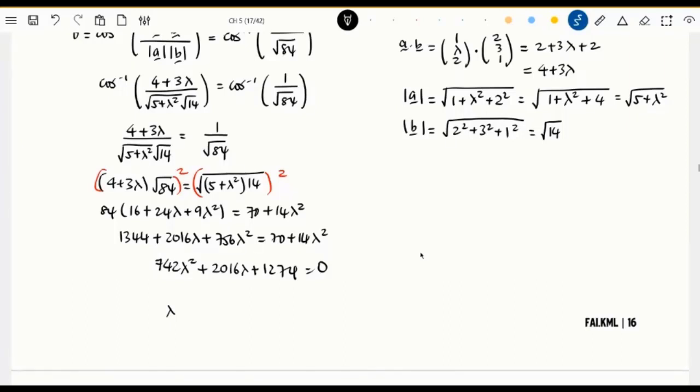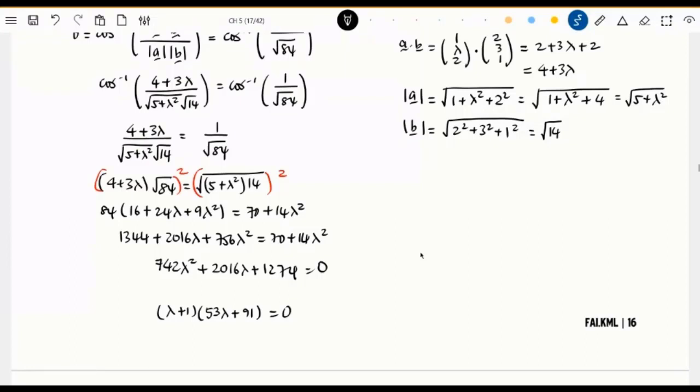Kalau kita factorize dapat berapa ni? Can we factorize? Lambda plus 1. Lambda plus 91.